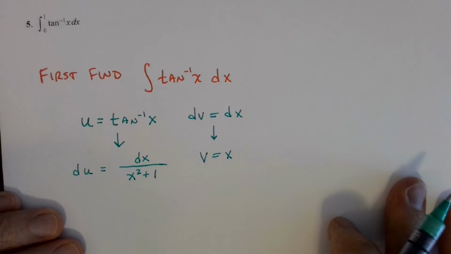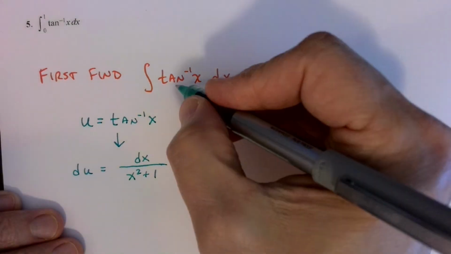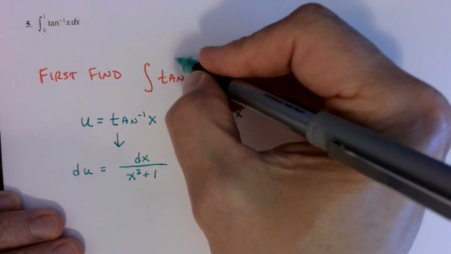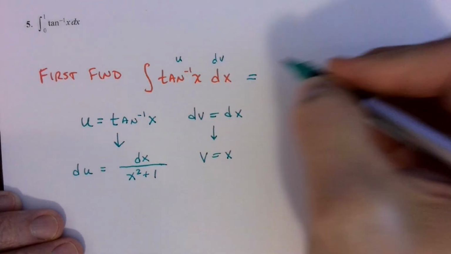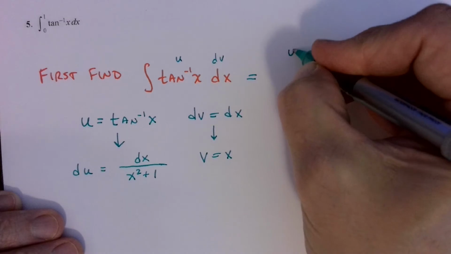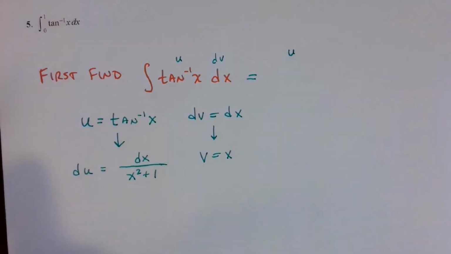And so this is the integral of u dv, and it's going to be u, which is what?